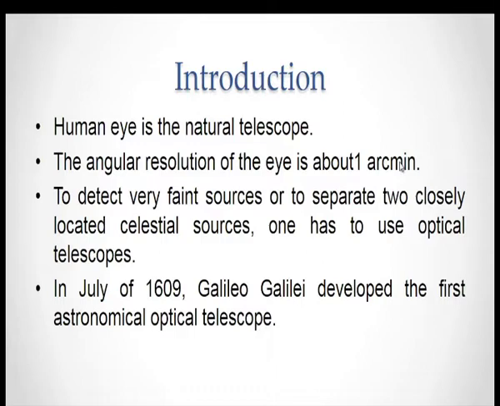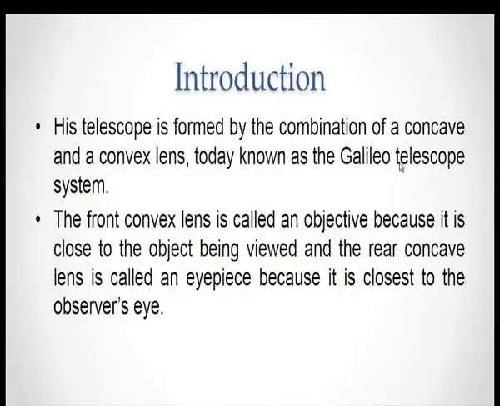That is, in the 17th century itself, Galileo developed the first astronomical telescope, and he used that telescope to view various celestial objects. His telescope is formed by the combination of a concave lens and a convex lens. This combination of concave and convex lens telescope is today known as Galileo telescope system.